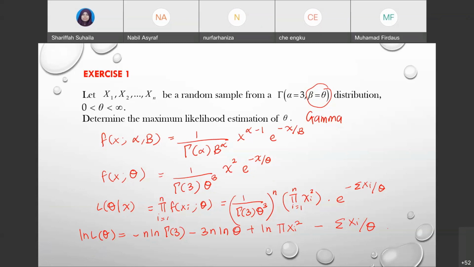Okay, now kamu differentiate. Okay, differentiate cuba bagi saya apa nilai theta hat yang kamu dapat. Differentiate with respect to theta and then set equal to 0. Dapat apa tu? So, kita differentiate yang ada parameter theta saja.